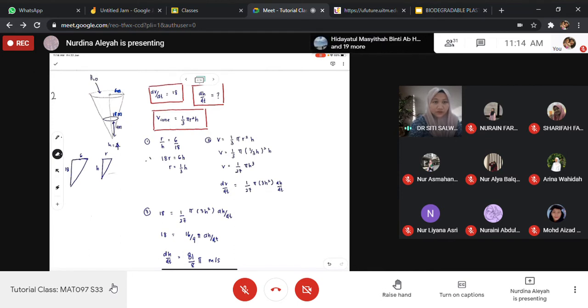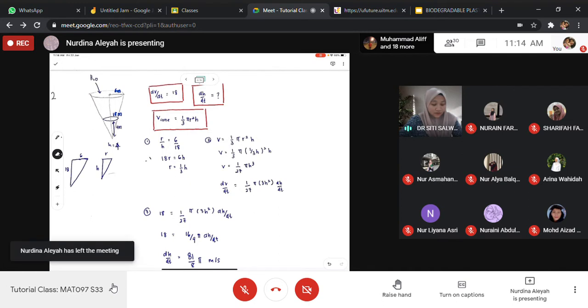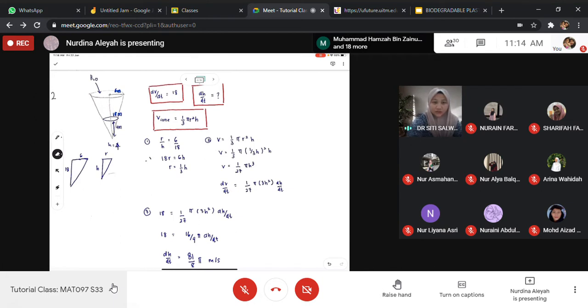Okay, you gantikan dengan 4 lah. So dia punya flow in, okay, water kat situ dia ada constant rate 18 cubic meter per minute, which is dVdt. Jadi you rearrange yang ni, you dapat dH over dt. Itulah 81 over 8 pi meter per second.